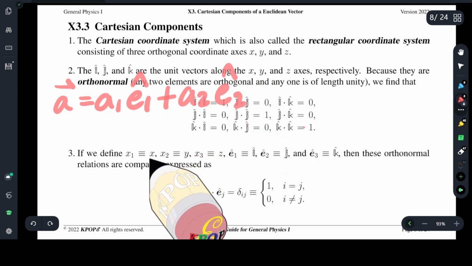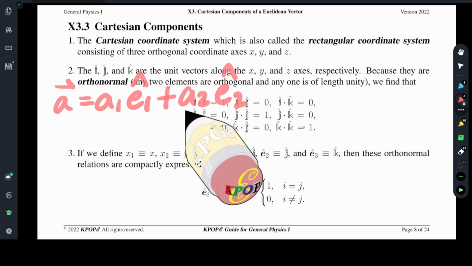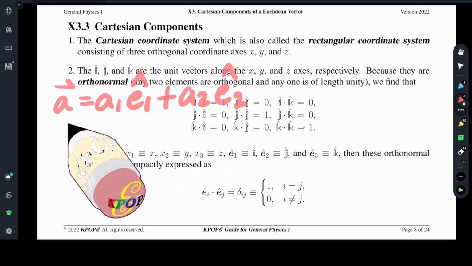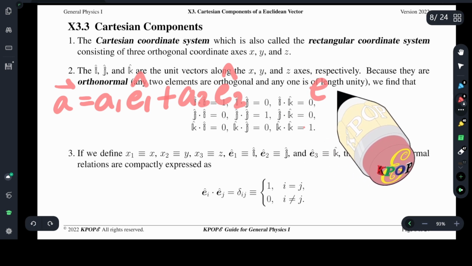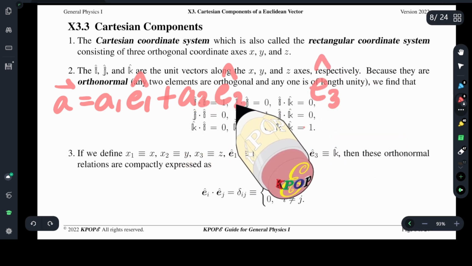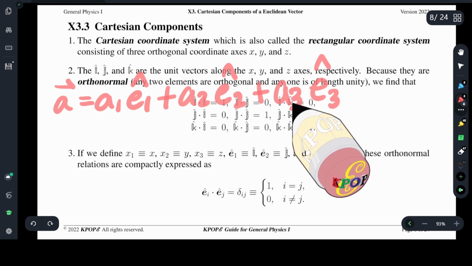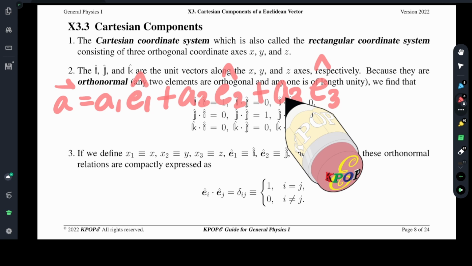They are orthogonal, and those coefficients are the x coordinate and y coordinate. If you are living in three-dimensional space, the vector A can in general be expressed as a linear combination of E1, E2, and E3, and the coefficients are the components: x component, y component, and z component.